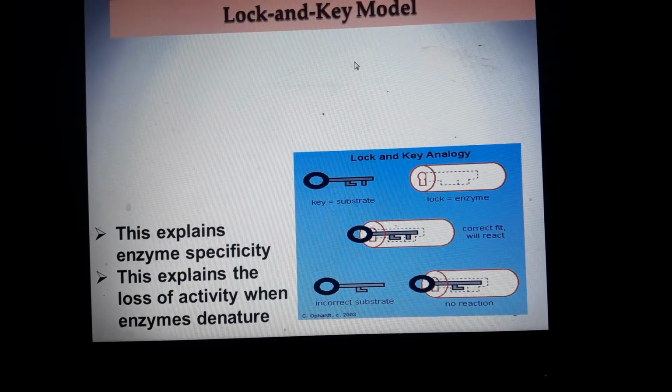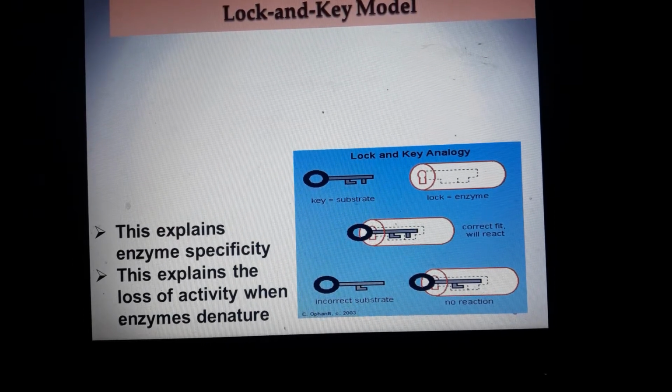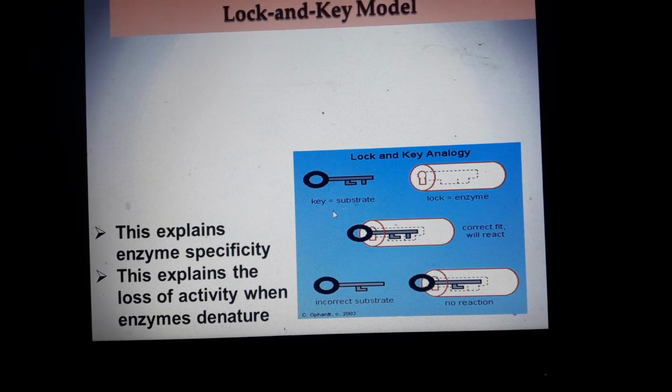So we go now to the lock and key theory. This explains enzyme specificity. This explains the loss of activity when enzymes denature. The denaturing of the enzymes depends upon the temperature and the pH. In the lock and key theory, the key is the substrate, and the lock is the enzyme.